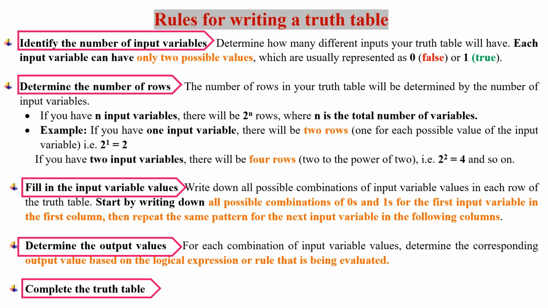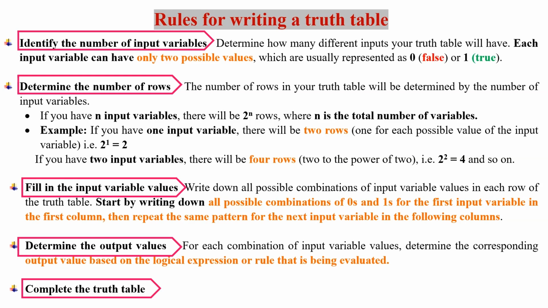Fourth rule is to determine the output values. For each combination of input variable values, determine the corresponding output value based on the logical expression or rule that is being evaluated. This output value can also be represented as 0 or 1, depending on whether the expression or rule is false or true for that combination of input values.